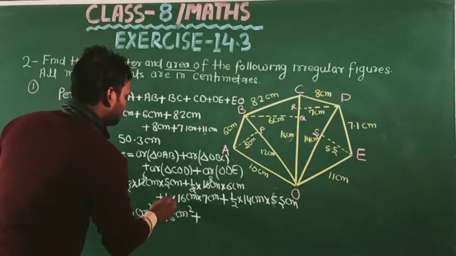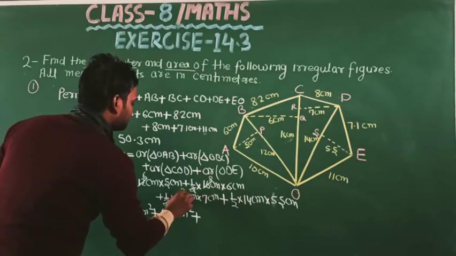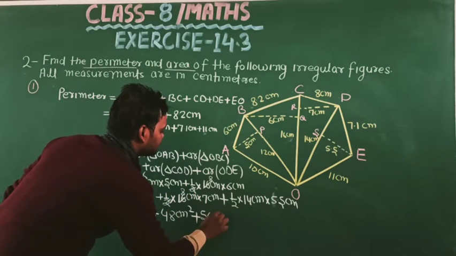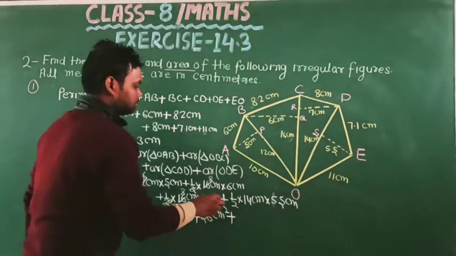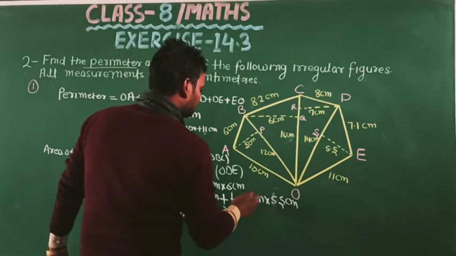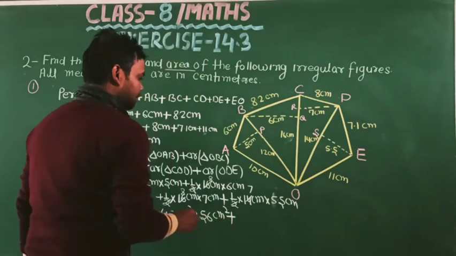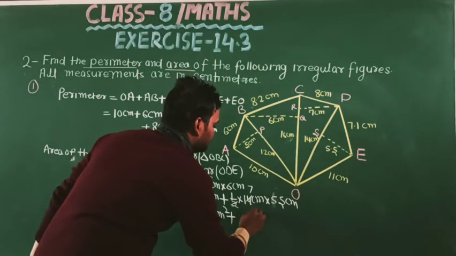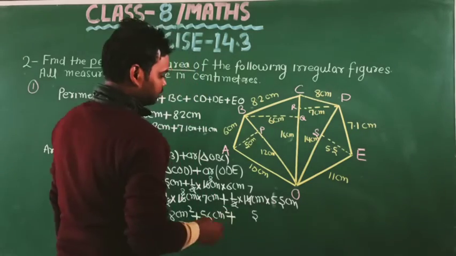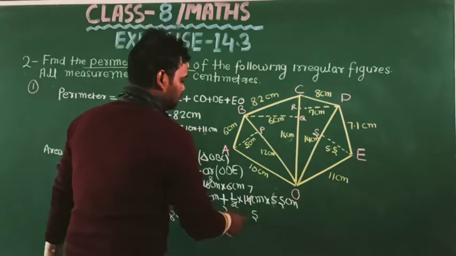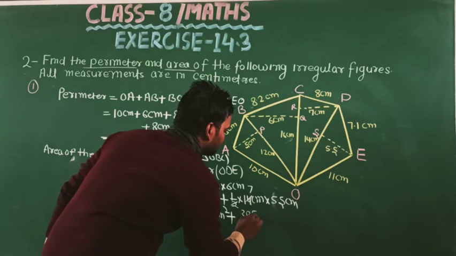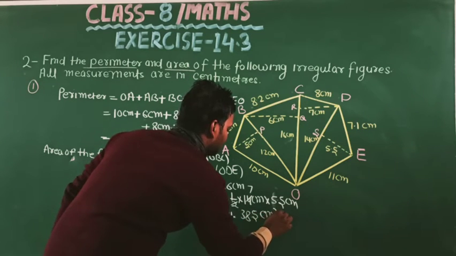Next, this is 2 8 16, 56 centimeter square, plus this is 2 7 14, so 7 into 5.5 is 38.5 centimeter square.